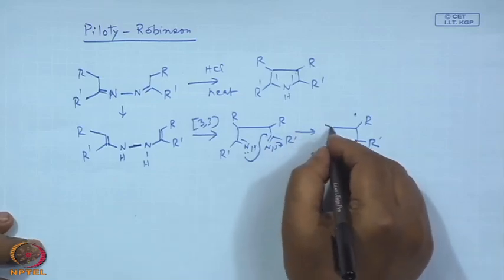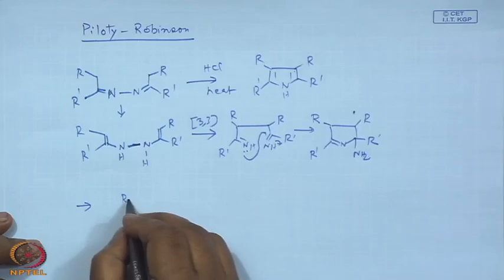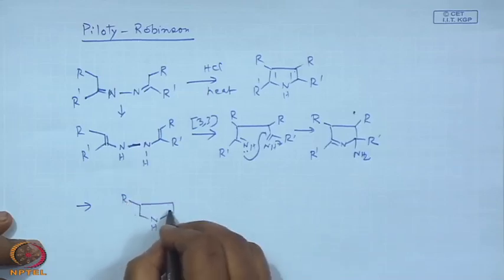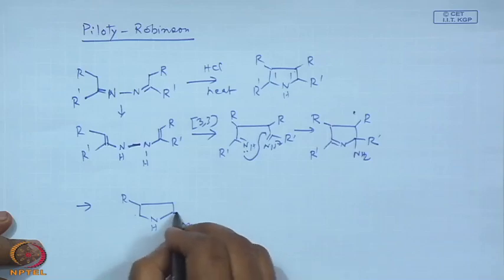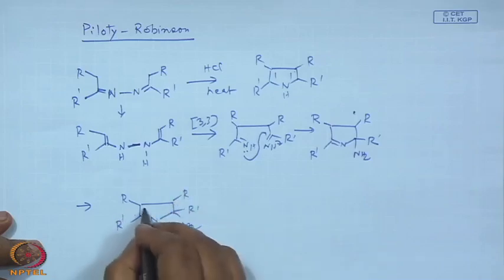And R. Now, what is quite important here, this then goes to again enamine, NH2 R prime R and in this case R double bond.